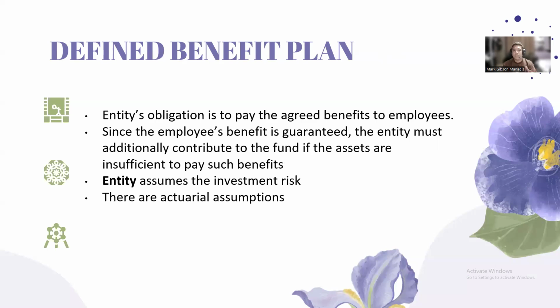Therefore, under the defined benefit plan, the entity assumes the investment risk, and there are usually actuarial assumptions. So don't worry, class. As you know, we're just completing the theoretical part, and then later on, we'll apply it to different discussion problems. Okay.